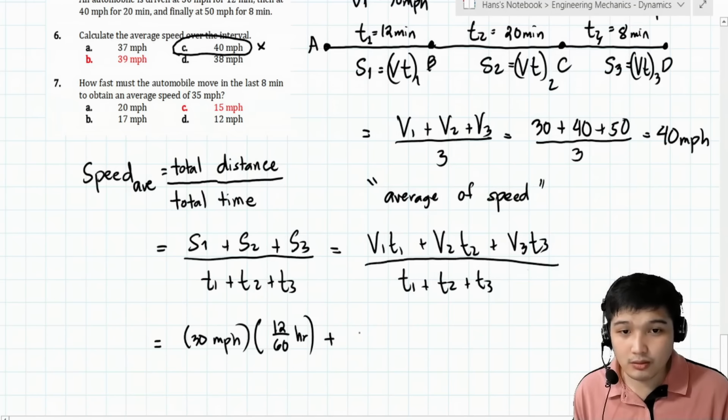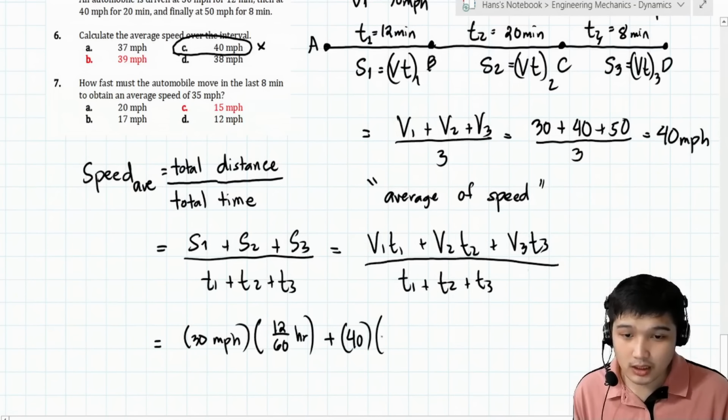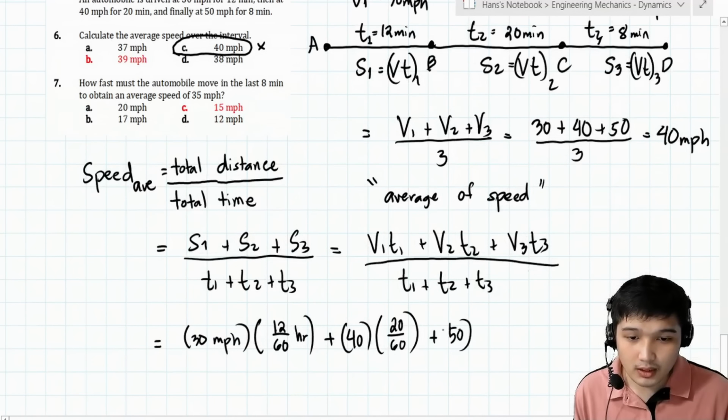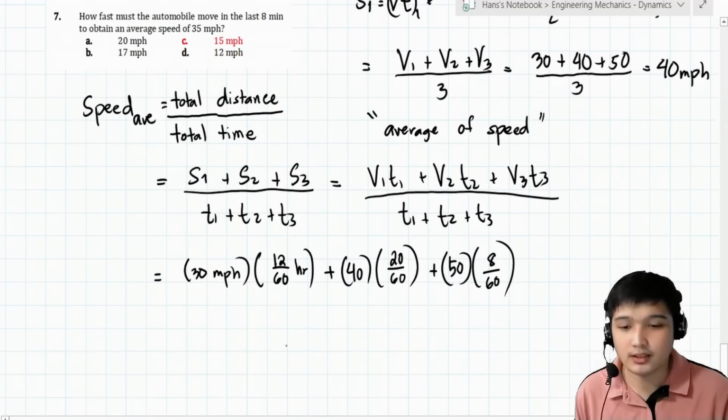Then, continue. V2. Ilan yan, guys? 40. So, hindi ko nalagay yung unit dito, no? 40 times 20 over 60 hours. And then, plus 50 times 8 over 60 hours.